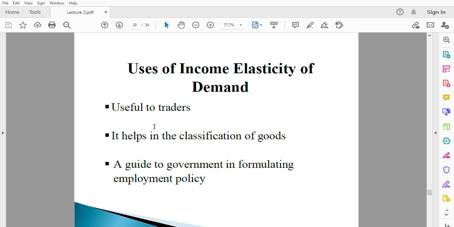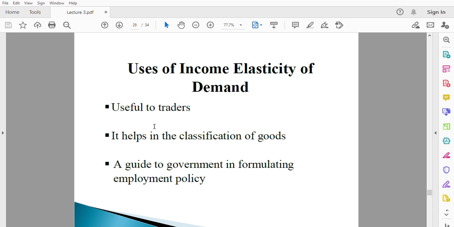There are some commodities that are normally considered as inferior. Traders have known and they consider them as inferior. So it tells them where to sell such commodities. In Ghana, let me talk about a commodity like, well, you can disagree with me, but let's talk about a commodity like Gari. When people become rich, they stop eating Gari.